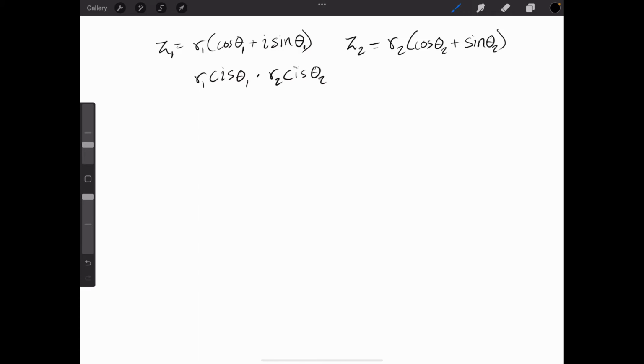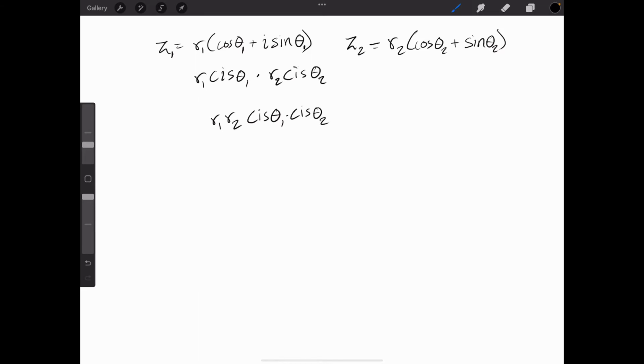You're just multiplying these two points. And here's what you get. You just multiply them together, right? So R1 R2, cis theta 1 times cis theta 2. And we can't leave it like this, obviously.